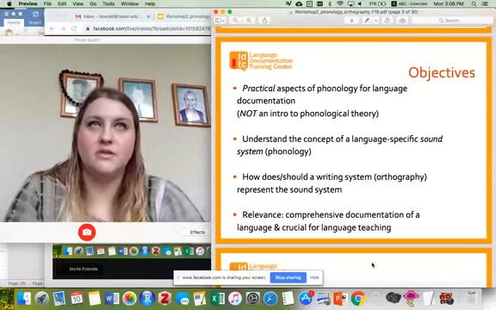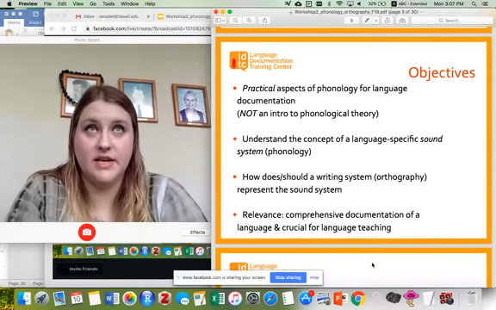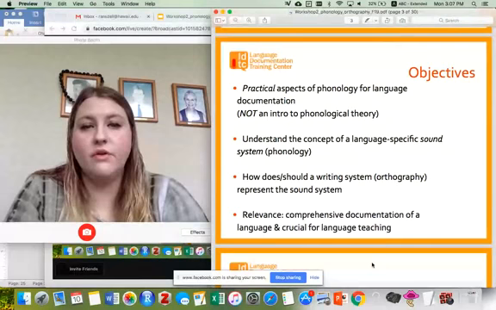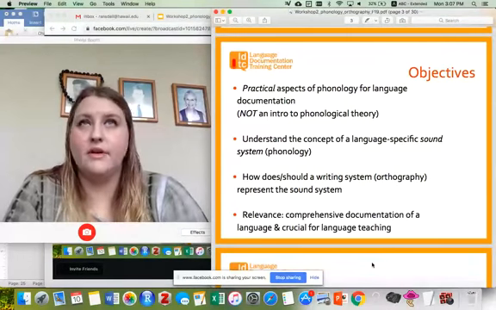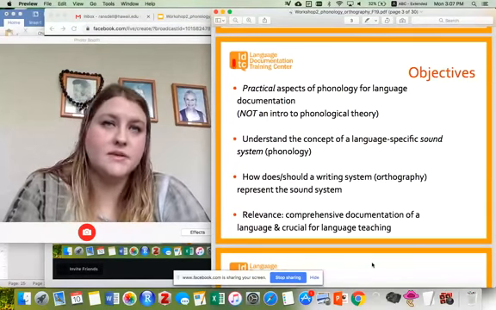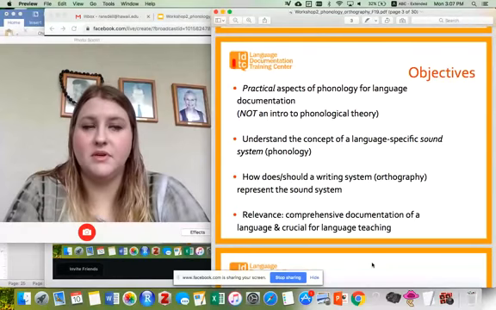Not all sounds in all languages, but how sounds work within the context of a particular language. And also another goal is to go over orthography, so written down, how that system works, practical aspects of that type of system, and how you can best represent the sound system of your particular language with writing.